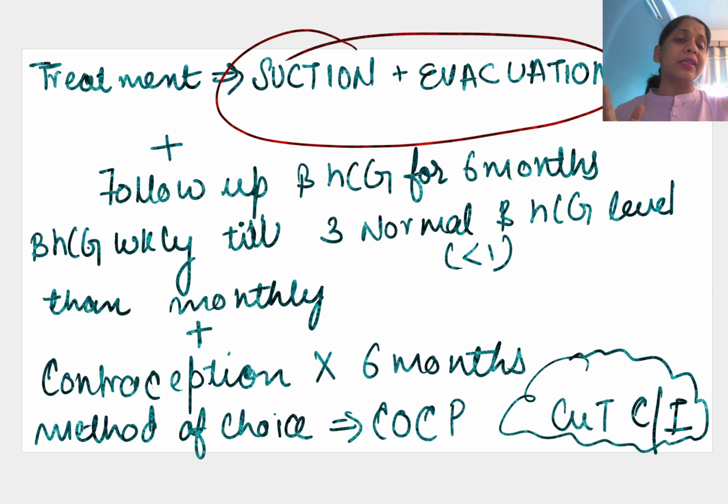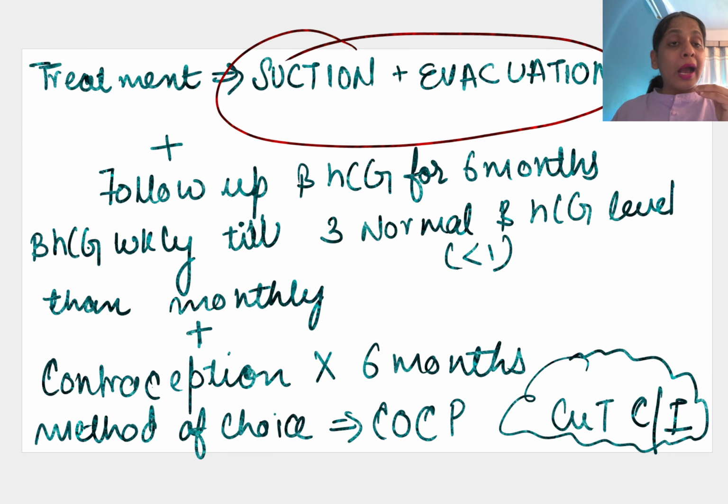A lot of vesicles are there, they have to be removed fast, with vacuum. Suction means a vacuum is connected there. If we remove it manually, by curette, then a lot of bleeding will occur, hell will happen. So you are not going to mark that DNC can remove. We have to use vacuum pressure so that they can be removed fast and bleeding is less.